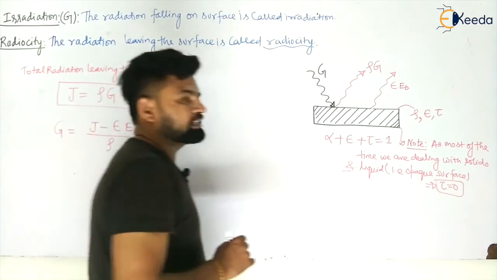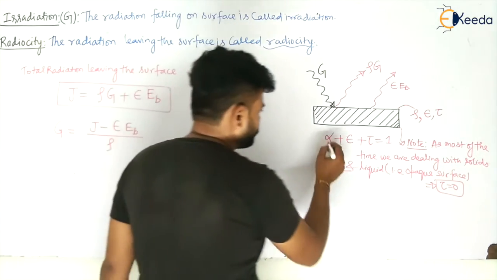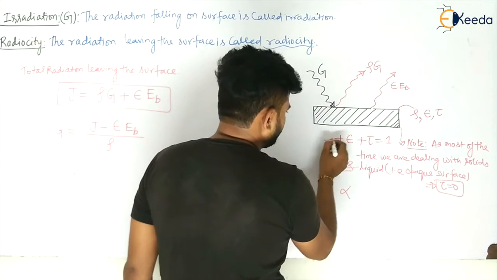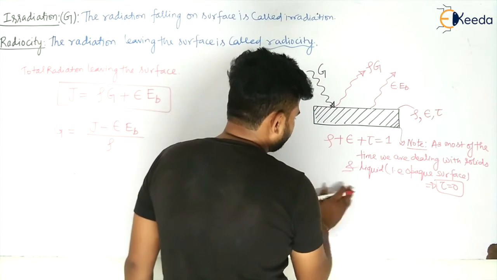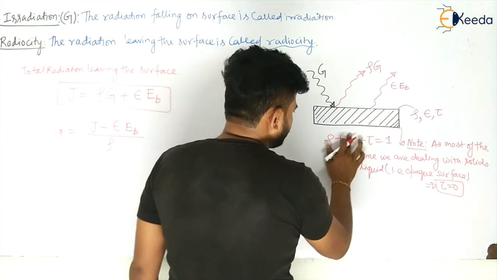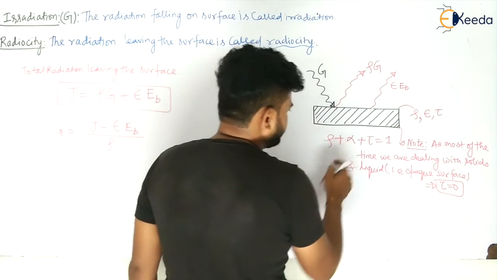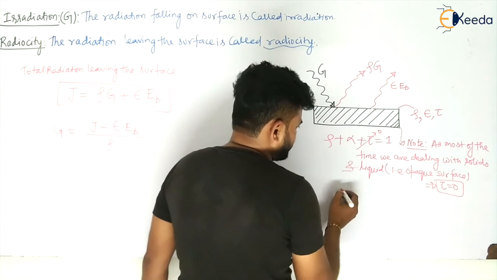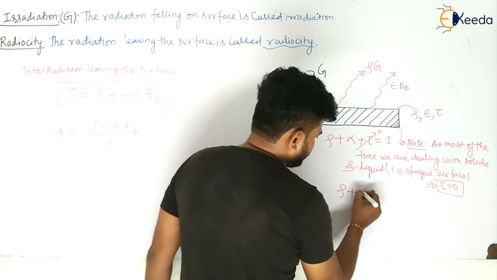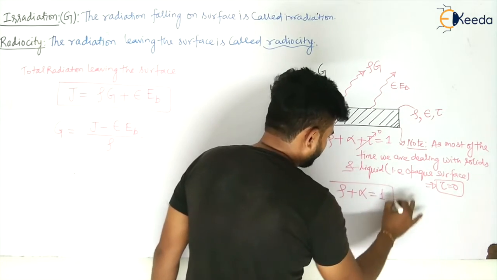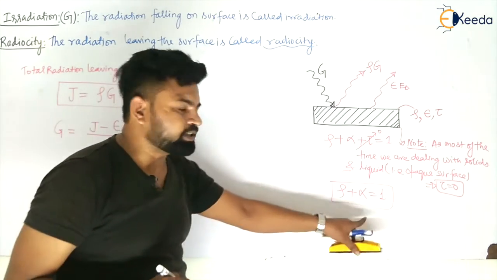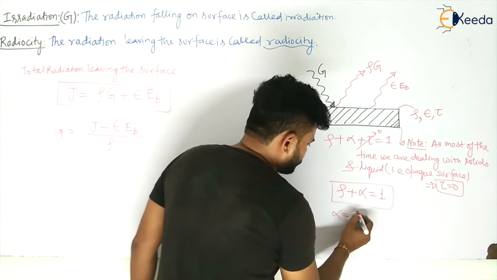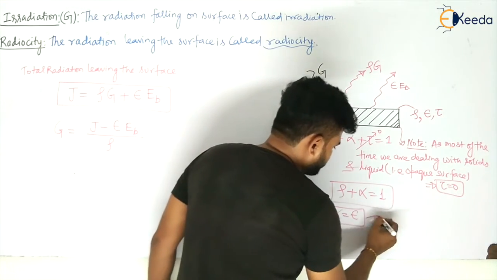That is, transmissivity is equal to 0 for these cases. So what will we be left with? We will be left with rho plus alpha is equal to 1, my dear students. So from Kirchhoff's law, can I put alpha equal to epsilon?